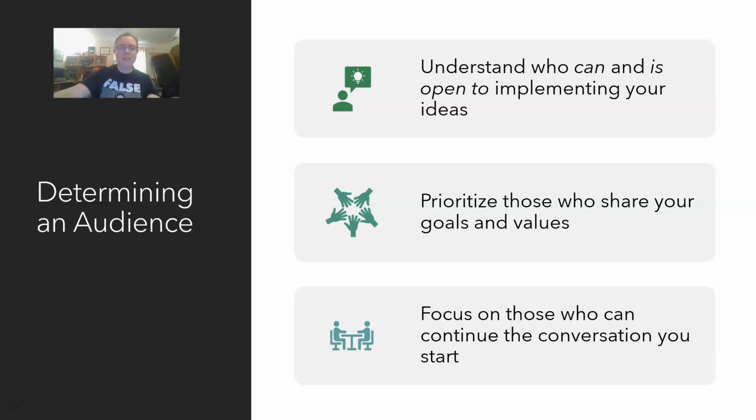So for example, let's go back to the start time argument example that I've sort of been threading throughout this lecture thus far. So depending on your situation, the local superintendent might be an absolute ideal fit. However, after some research, maybe you find that there are some individuals on the state school board who would also have the same authority to implement the change, or perhaps to implement it on a greater level.